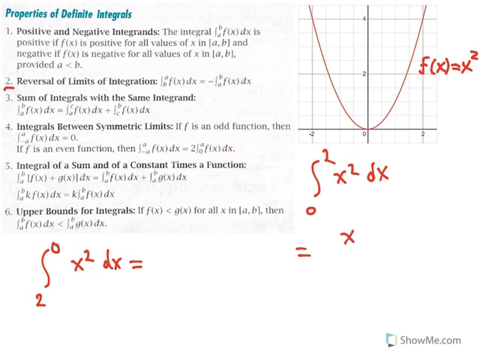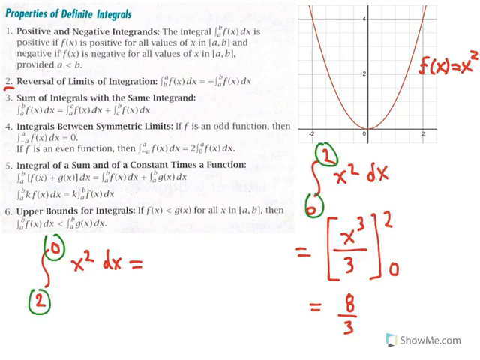So you find an antiderivative of the integrand and evaluate at the upper and lower limits of integration, and that will give you 8 over 3 minus 0, or 8 over 3. And for the second problem, where the limits of integration are reversed, what will you have?